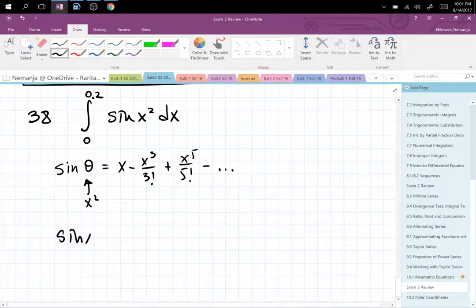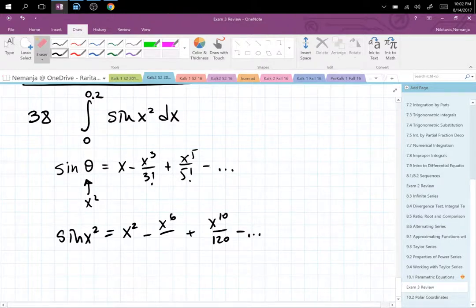So sine of x squared will be x squared minus x to the 6 over 3 factorial plus x to the 10 over, maybe I should put these expanded denominators, right? 3 factorial is 6 and so on.